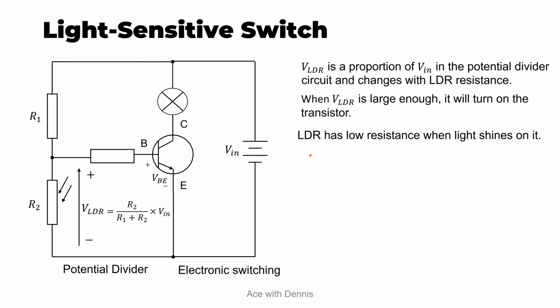Then a relay is connected in parallel with the battery. The relay is made up of an electromagnet and a switch. The electromagnet is connected to the NPN transistor, while the switch is connected to a bell.